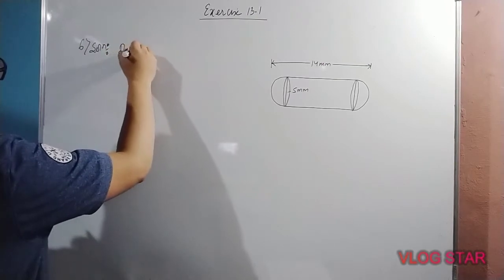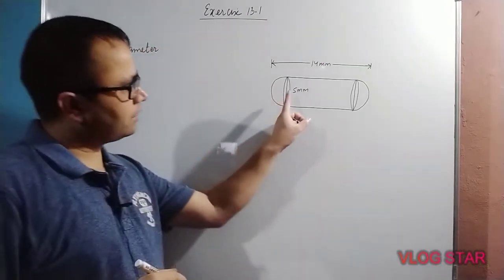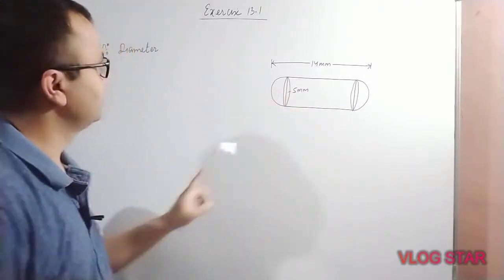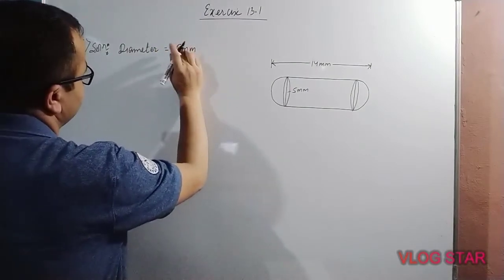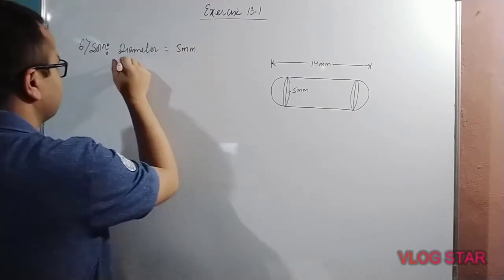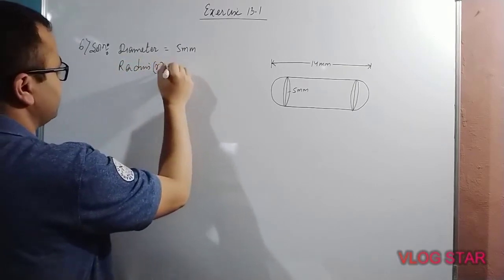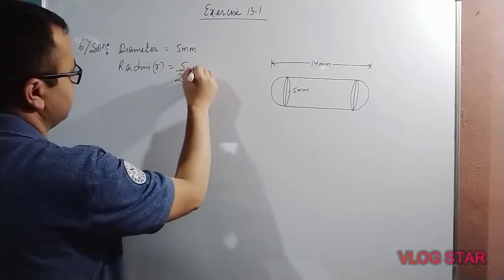Now the solution. Here the diameter of the cylinder and the diameter of the hemisphere are equal. So diameter equals 5 millimeter. Now first we have to calculate the radius. r equals 5 by 2 millimeter.